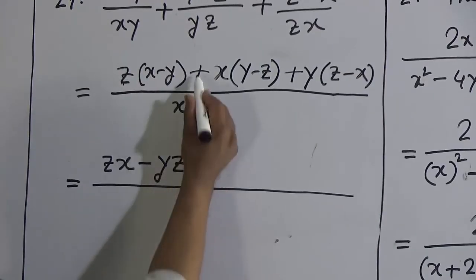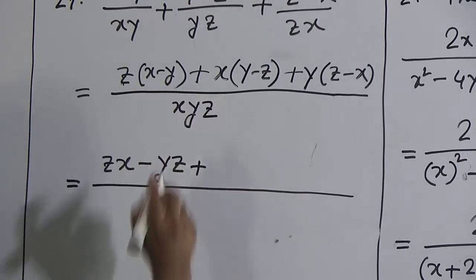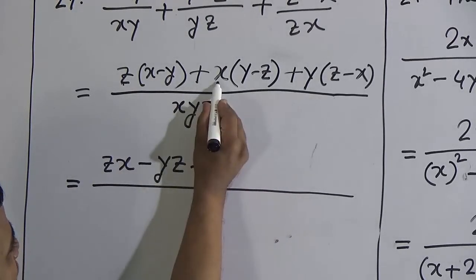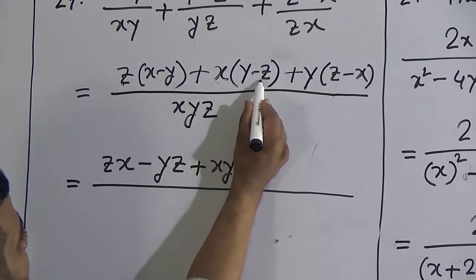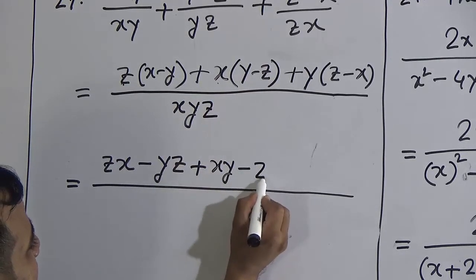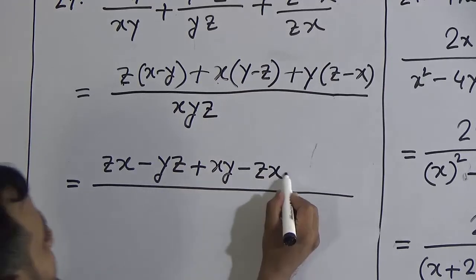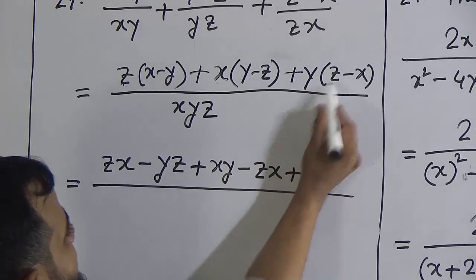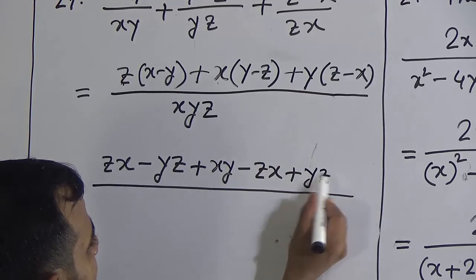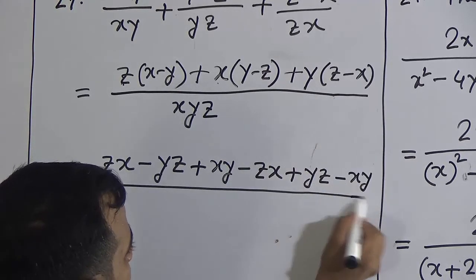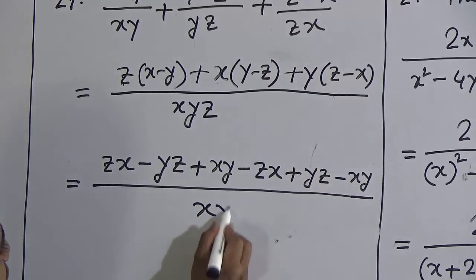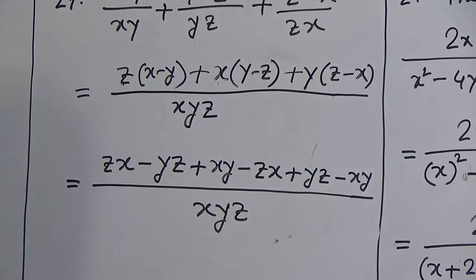Plus sign. x will be distributed with y and minus z, so x and y will make xy, and x and minus z will make minus zx. Plus sign. y and z will make yz, and y and minus x will make minus xy. Our denominator is the LCM xyz, which remains unchanged.